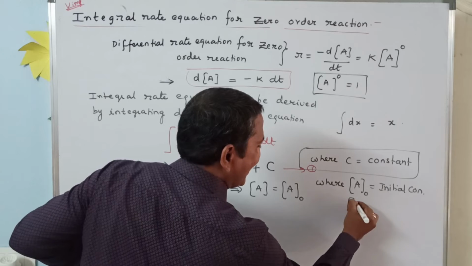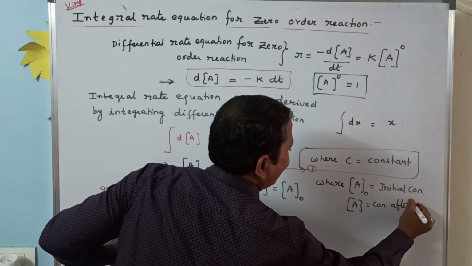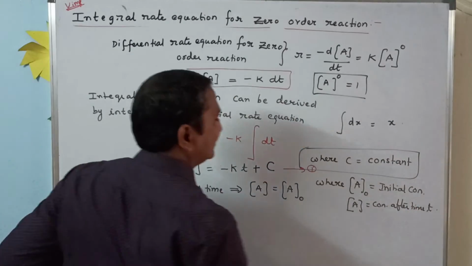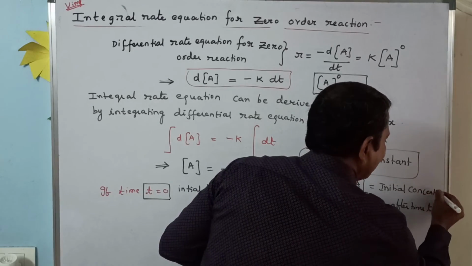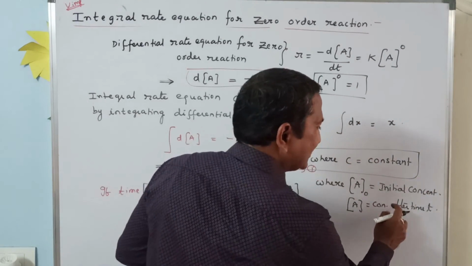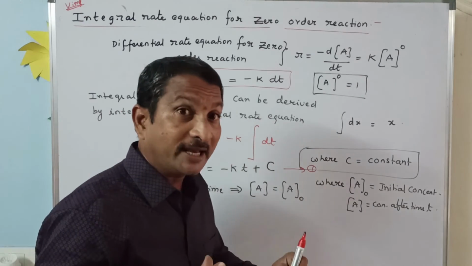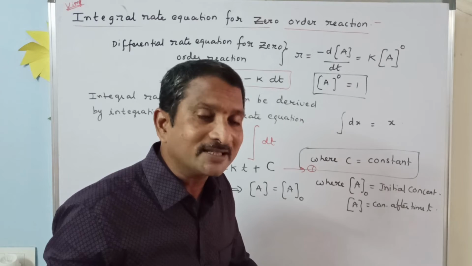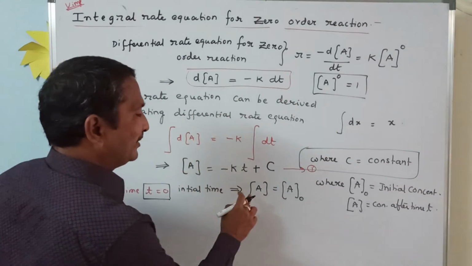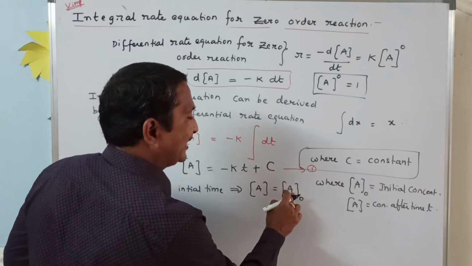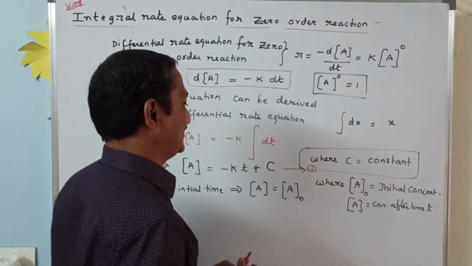What is [A]? Concentration after time t. What is [A]0? Initial concentration. If time t is equal to 0, in the beginning of the process, before progressing the reaction, [A] is equal to [A]0: the starting amount, the starting concentration.